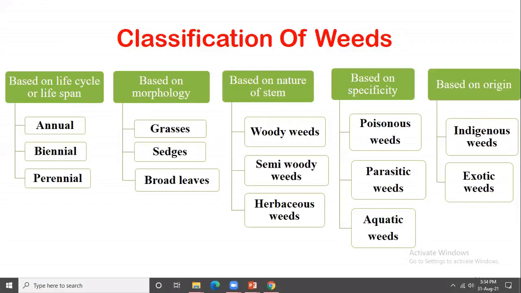Based on the specificity, there are poisonous weeds, meaning some weeds produce a toxic substance, and another is parasitic weeds, and another is aquatic weeds. You only need to remember the names here, like aquatic weeds and sea weeds. It is not important; if you need, search and improve your knowledge.